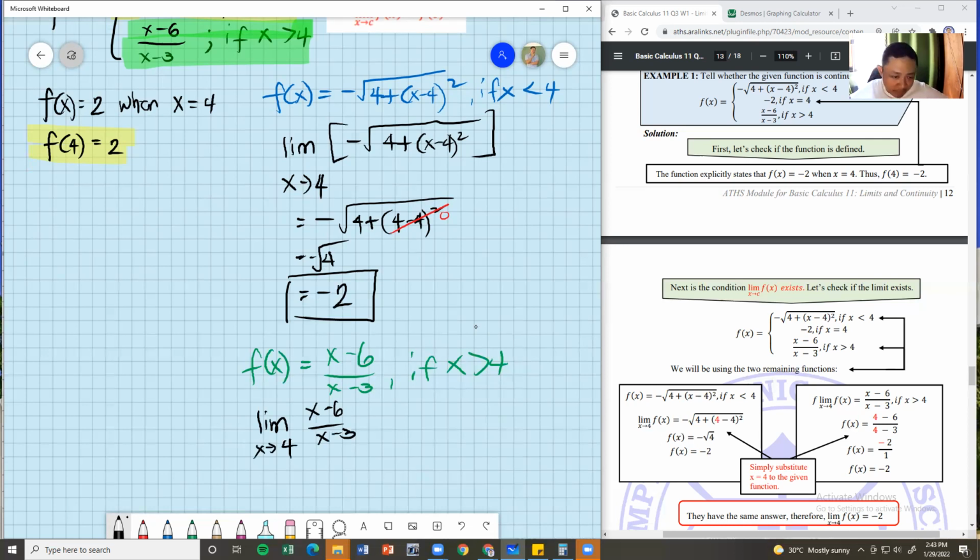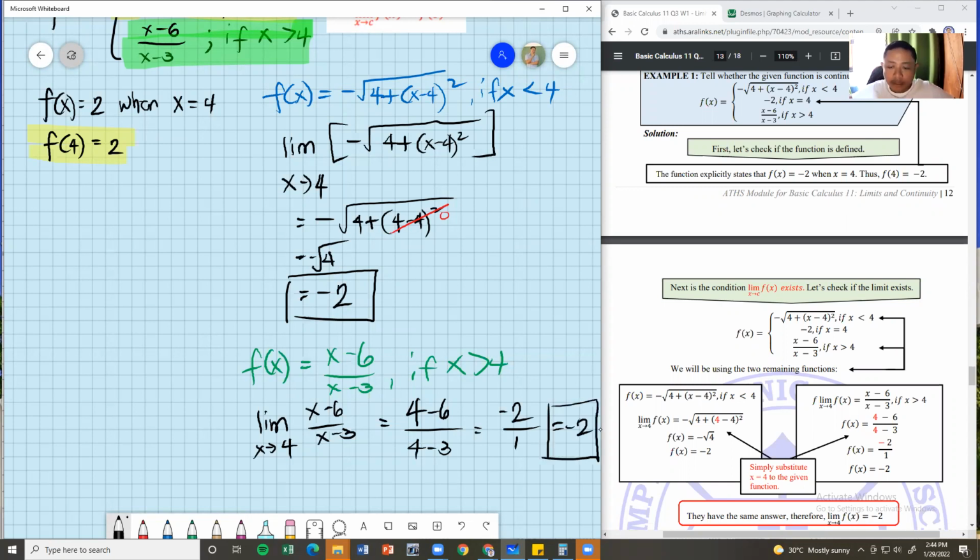So, by substituting, magiging checking at the denominator, it will not be undefined. So, pwede tayo sa direct substitution. So, this will become 4 minus 6, tama, over 4 minus 3. So, this will end up with negative 2 over 1. And of course, negative 2 divided by 1 is also negative 2.